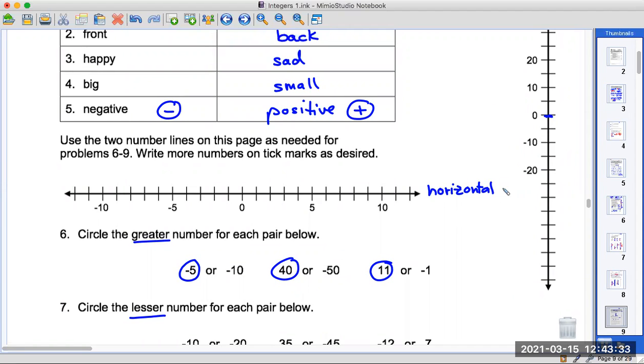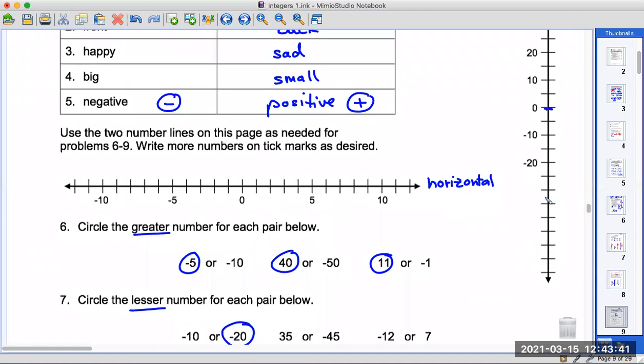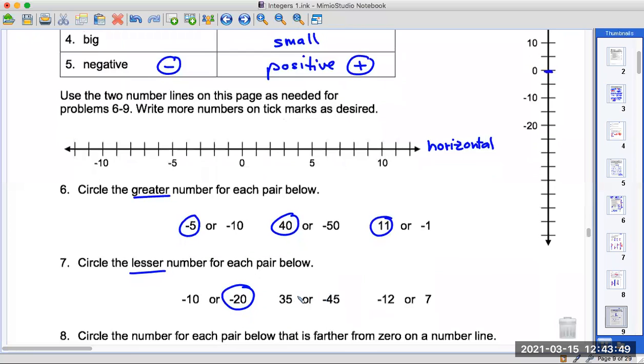But we want the smaller number, -20. So the one that's further away from 0 is smaller, or going down, right? Remember our thermometer? The lower numbers are down. 35 or -45? -12 or 7?